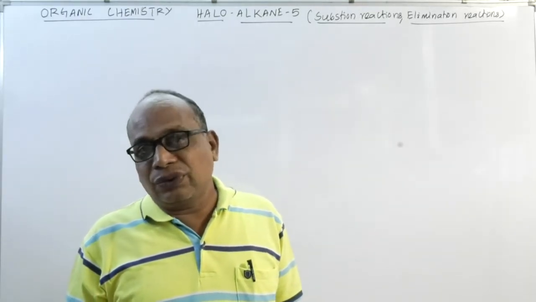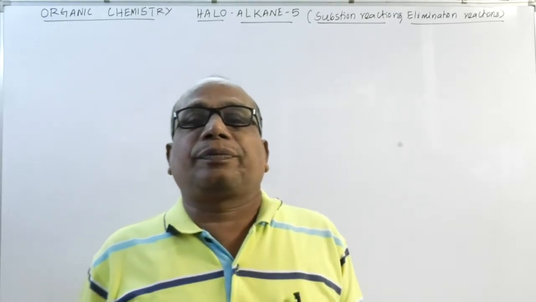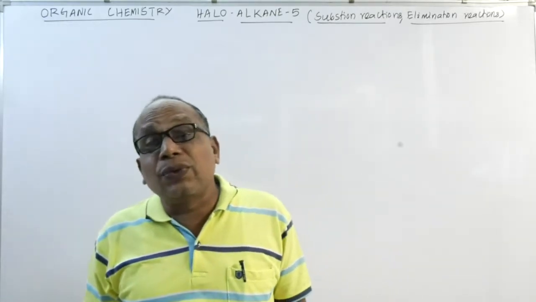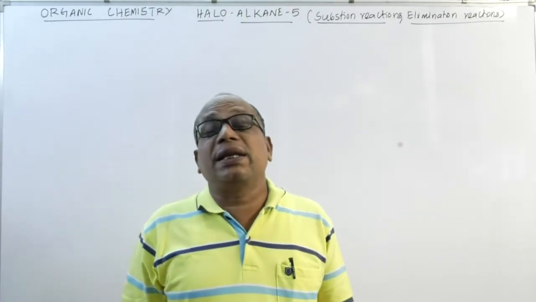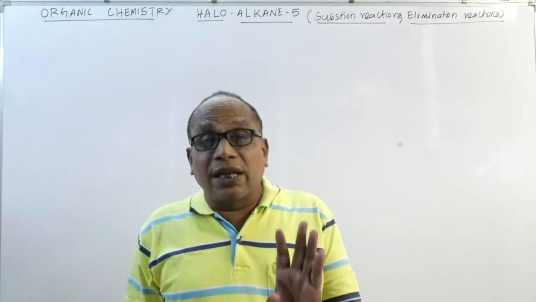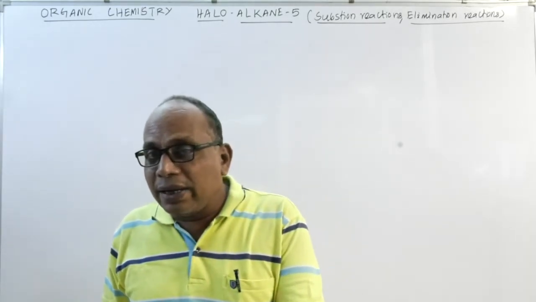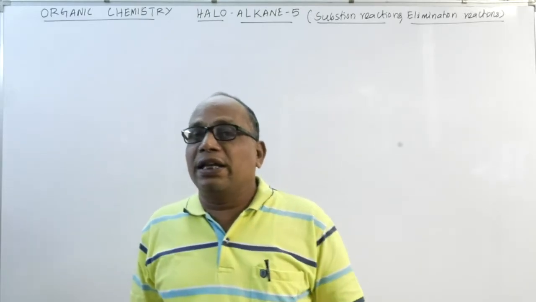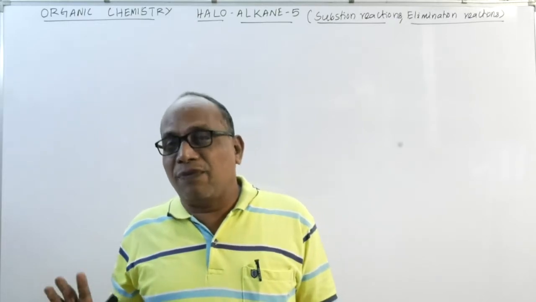One of the major differences between the SN1 and SN2 reactions is the stereochemistry. In the SN1 reaction, an optically active alkyl halide always gives a racemic product, meaning one is D form and another is L form.